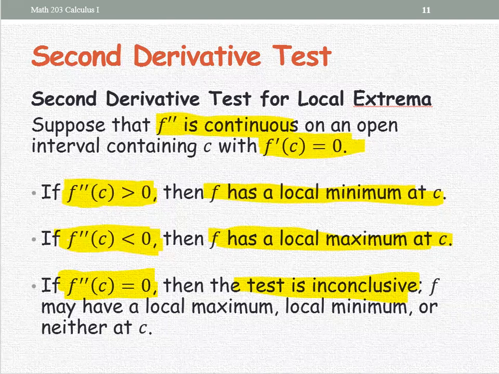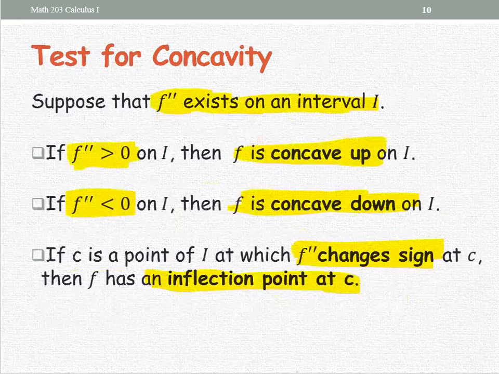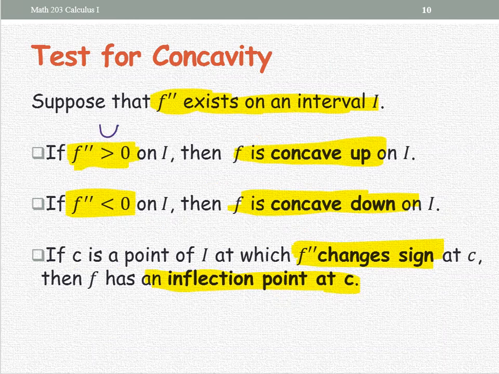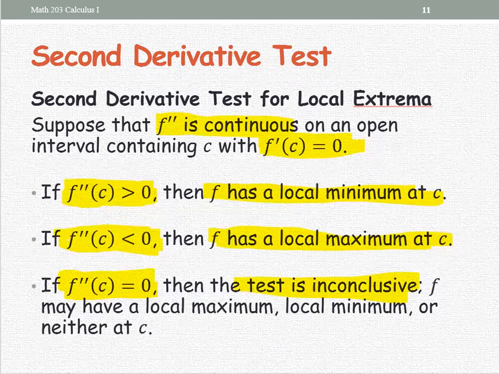In summary, for the sign of the second derivative, if the second derivative is positive, we use the iconic smiley face, so it's concave up. If negative, not a happy face, so concave down. When we use the second derivative test, the second derivative tells us either concave up or concave down within the interval containing c.